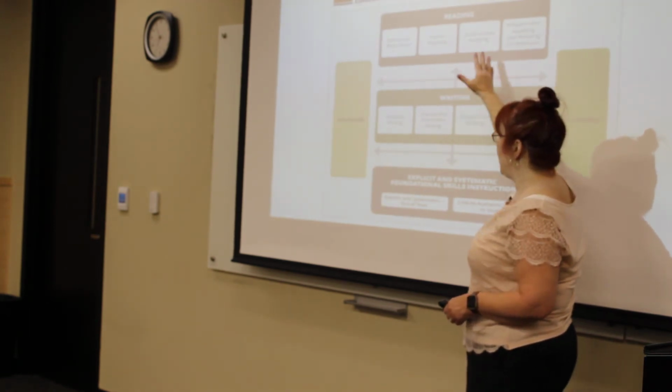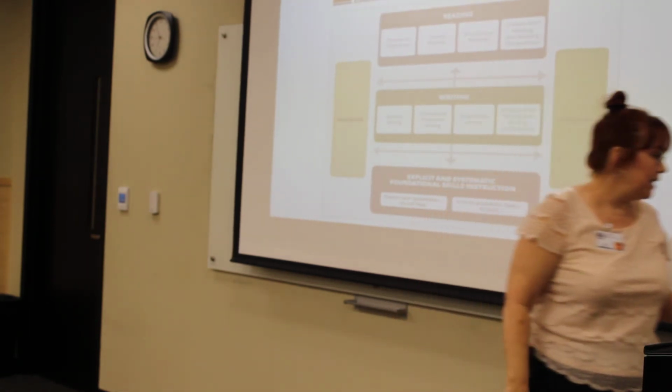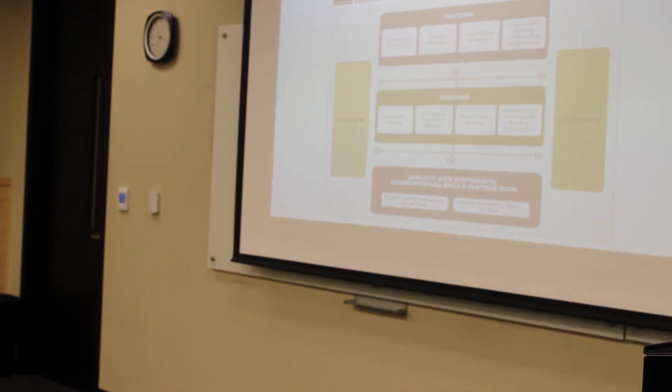The other thing to know about this model is that it is a release of responsibility model. Again, a diagram is one of the best ways that I can explain this. So this is a release of responsibility model. If you think about the teacher right here, and you think about the student right here, when a student is first learning something, the teacher has to model it.